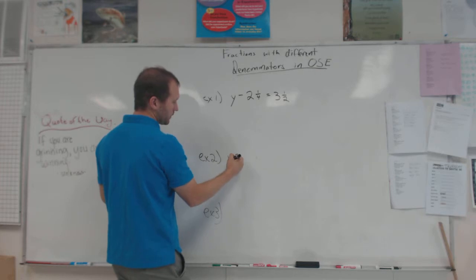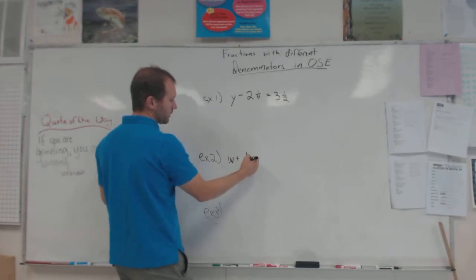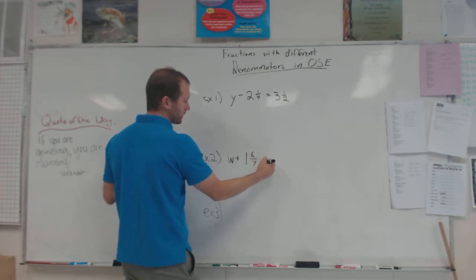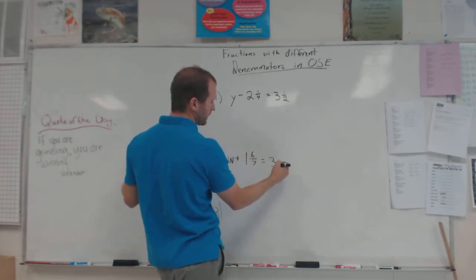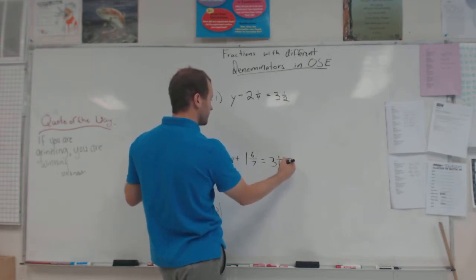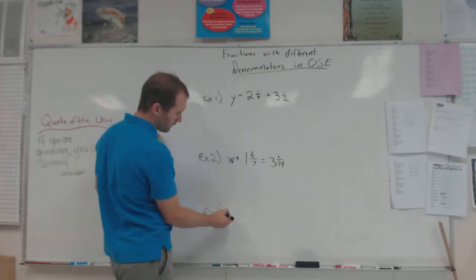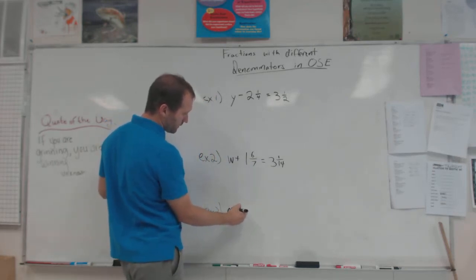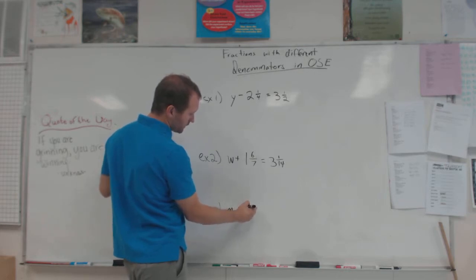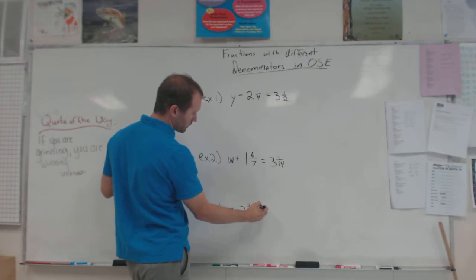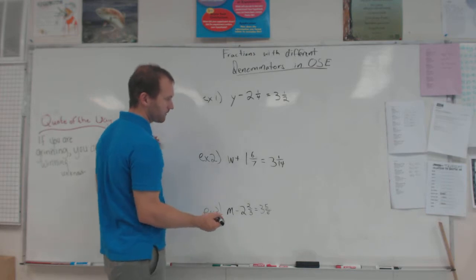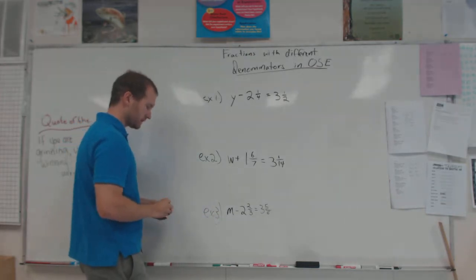And then if we had w plus 1 and 6/7 equals 3 and 1/14. And what if we had m minus 2 and 2/3 equals 3 and 5/6. Alright, I'm going to walk you guys through these.